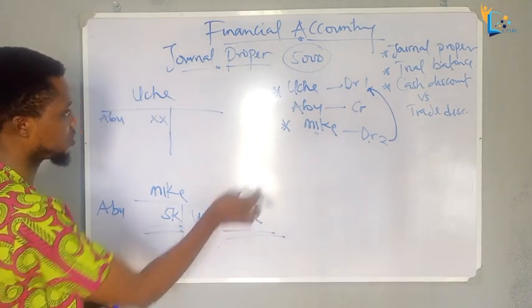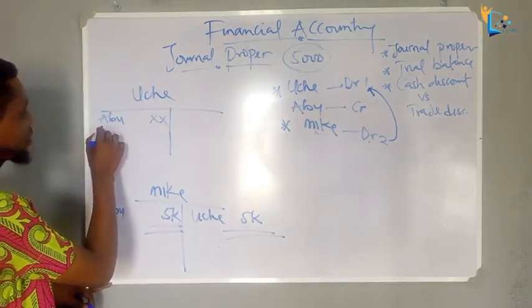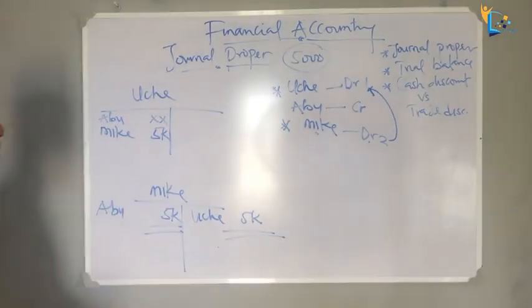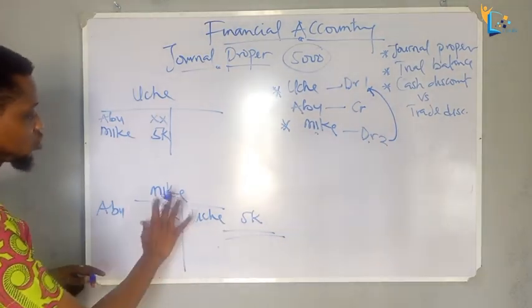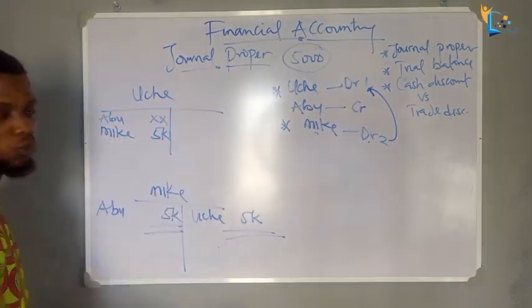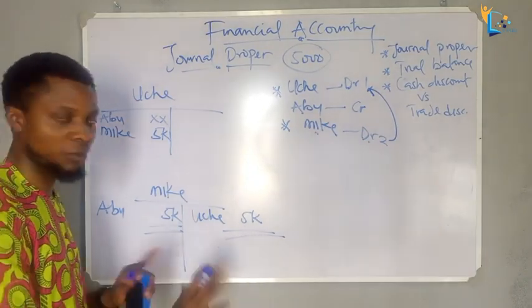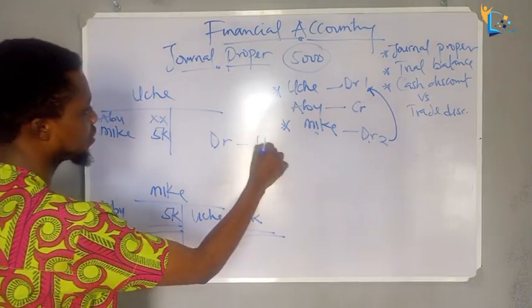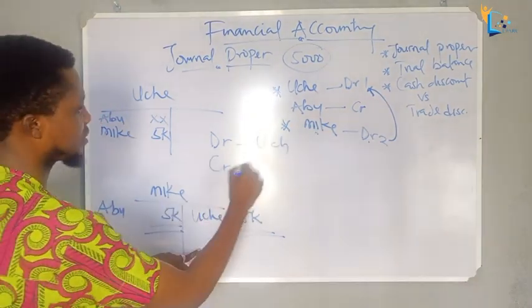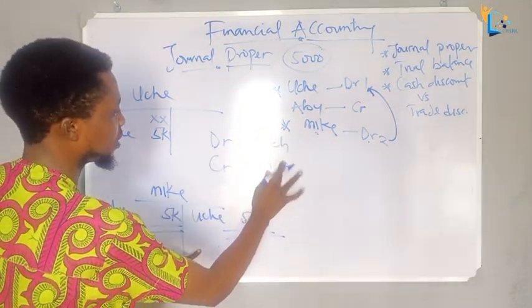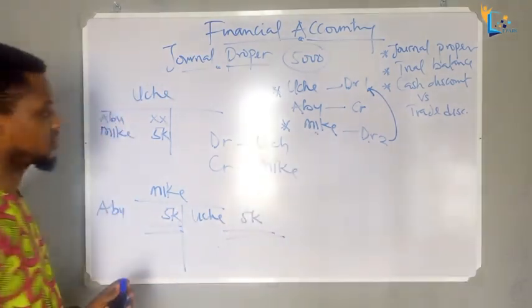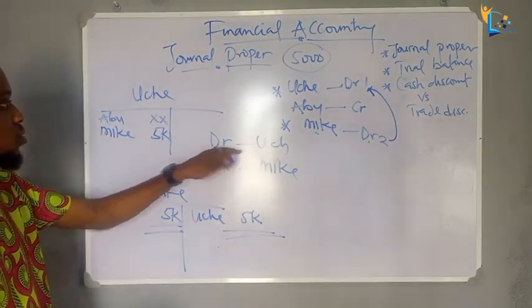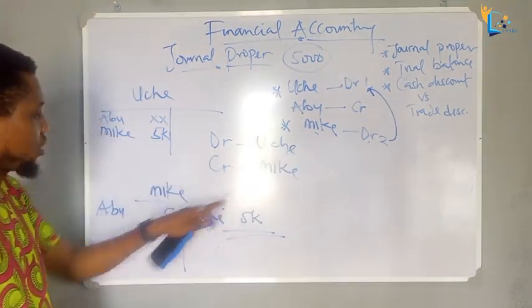That means this amount is coming to Uche's account, 5K. So this account now has been written off. Mike's ledger has been closed. So debit here is Uche and credit here is Mike. These are the two accounts involved, Uche and Mike. The account to debit is Uche, while the account to credit is Mike.